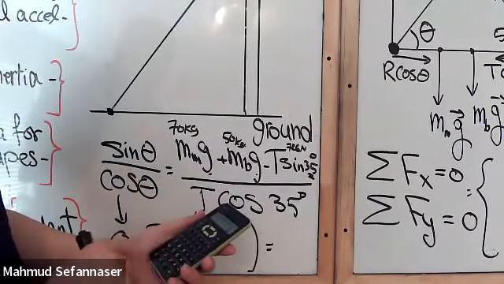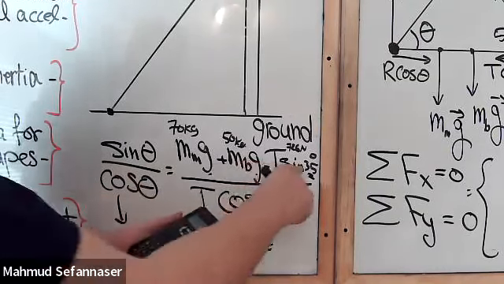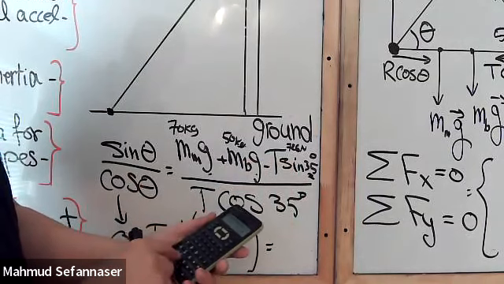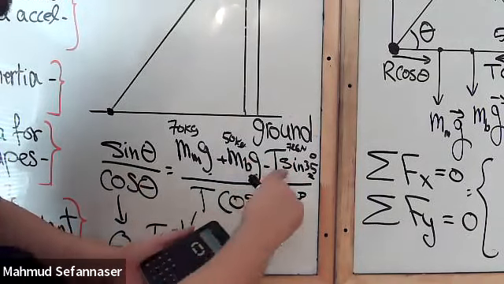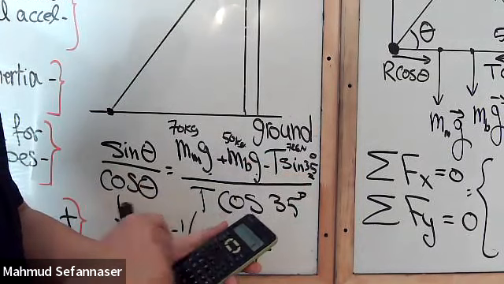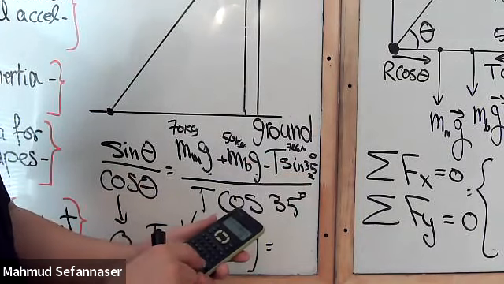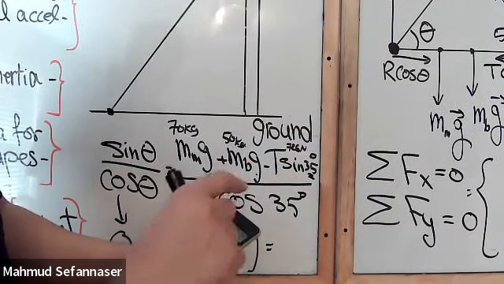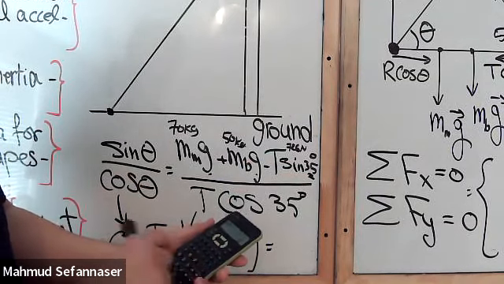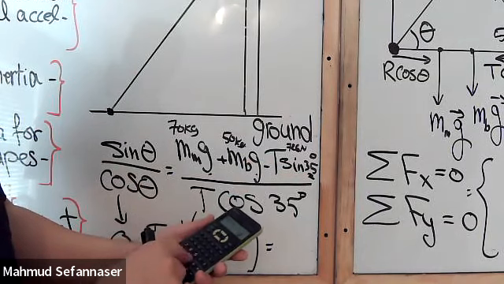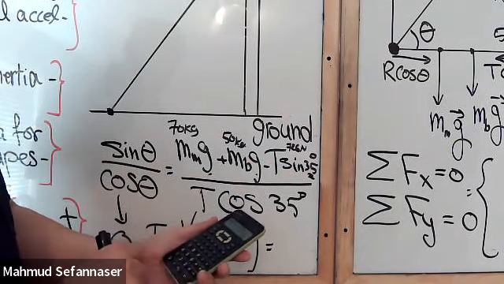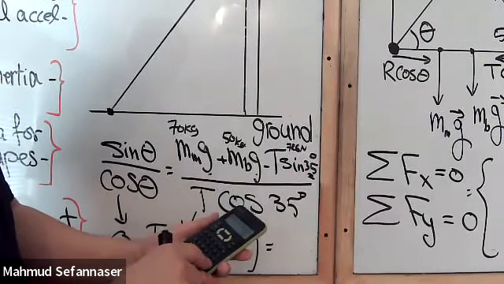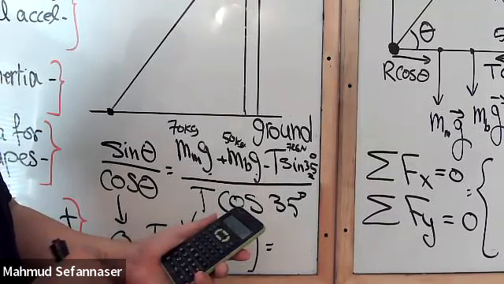And then lastly, but not least, guys, we have tension force, which is 726 times sine 35, and then close the parentheses, and that's equal to. I need now to divide that by 726 times cosine 35, and that's equal to.